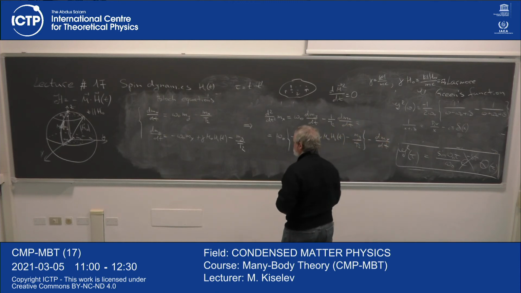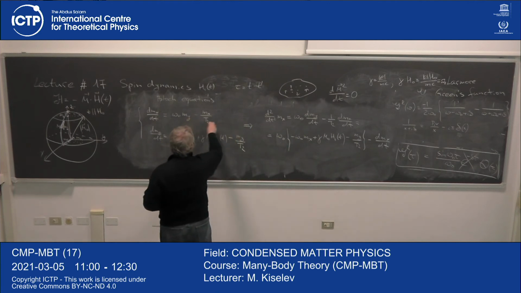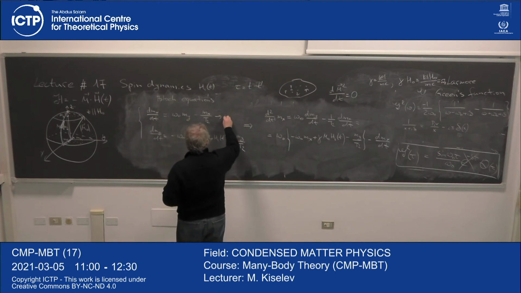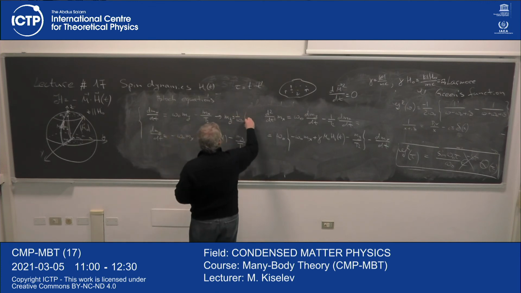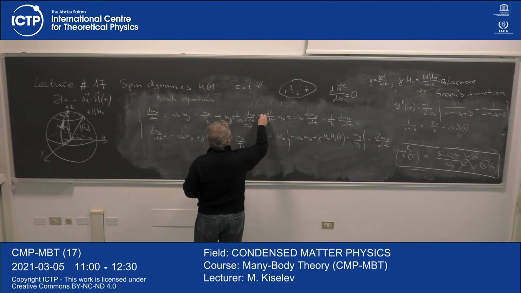So it still contains my, but my I'm getting from this equation. So my is 1 over omega naught, dmx over dt minus mx over T2.